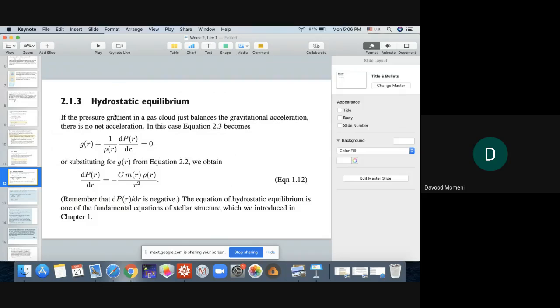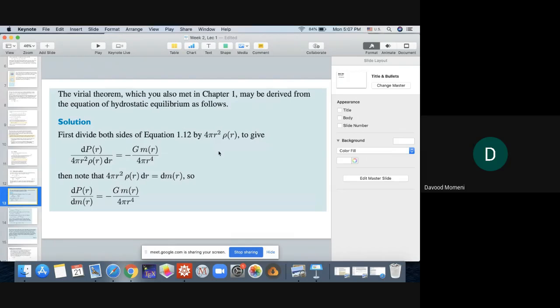Do you remember we talked about the virial theorem in the first chapter? The virial theorem gives you the average pressure and average density without any knowledge about what is going on inside. In the next slide, which I don't want to focus on very much because you can see it in the book, it is possible to show that hydrostatic equilibrium leads to the virial theorem.